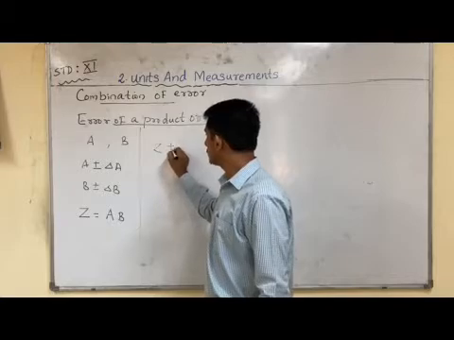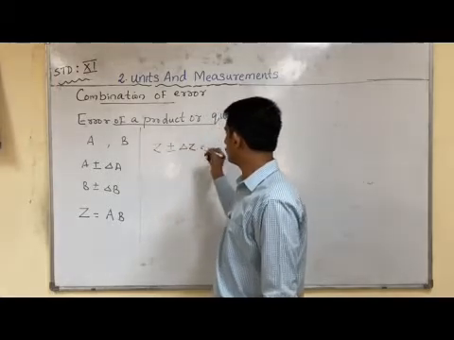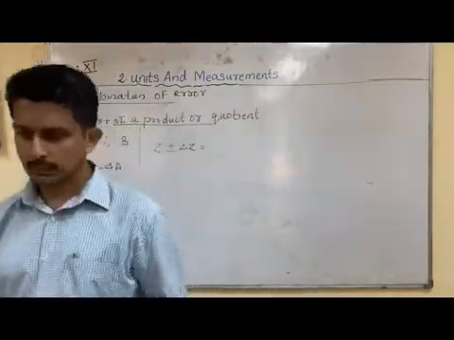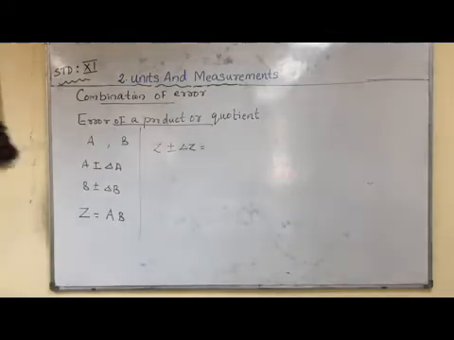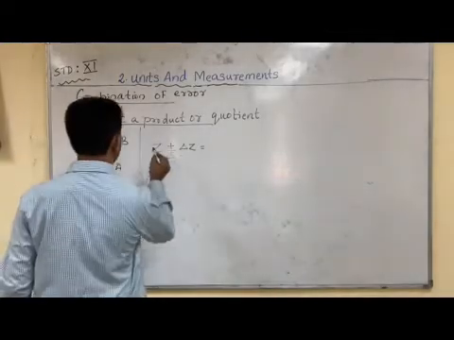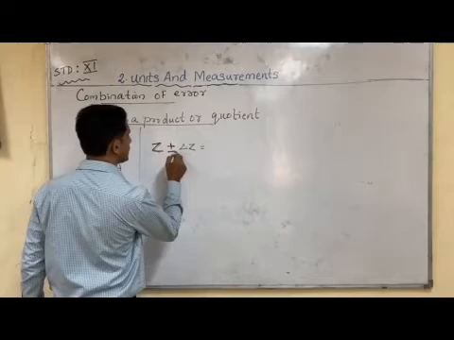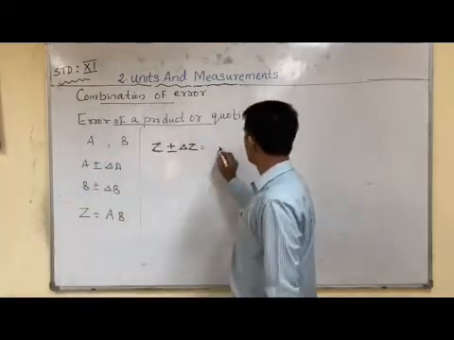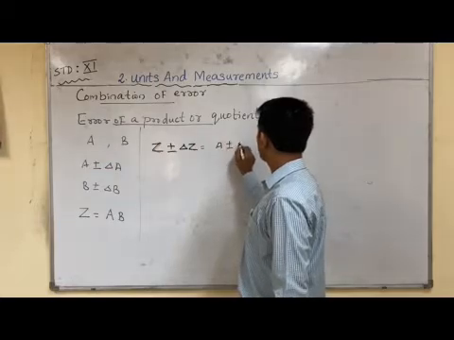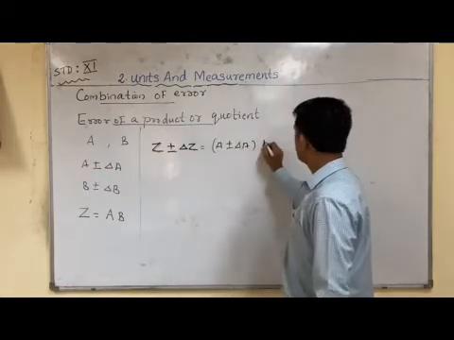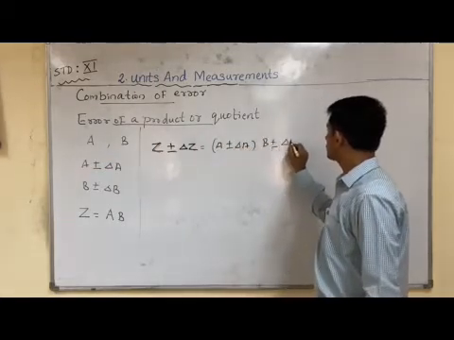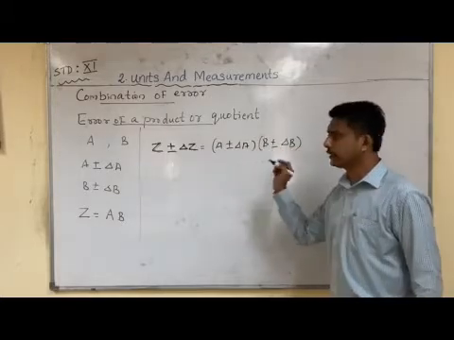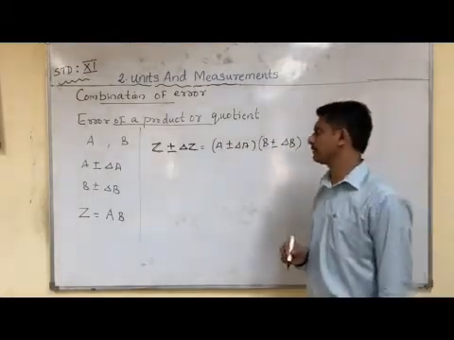So Z plus or minus delta Z is equal to, since we are doing the process of multiplication, A plus or minus delta A into B plus or minus delta B. This way we have carried out the multiplication.